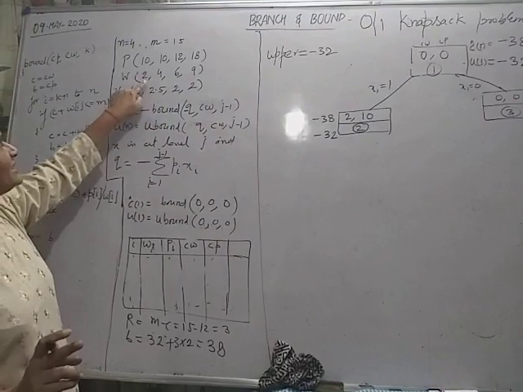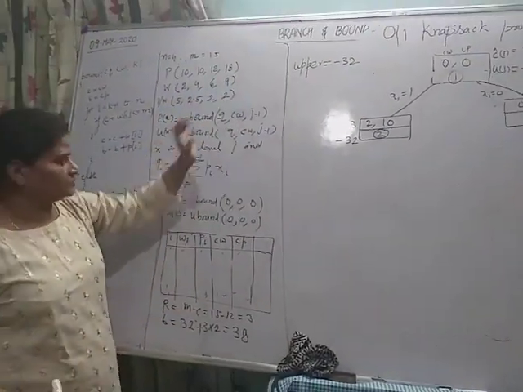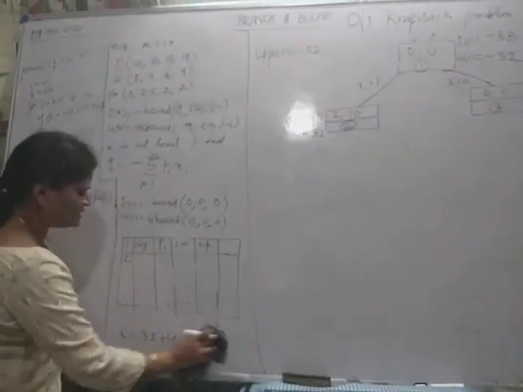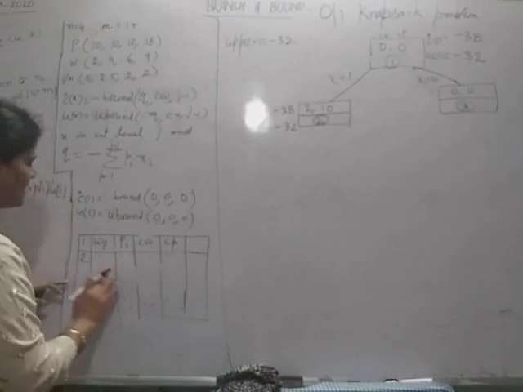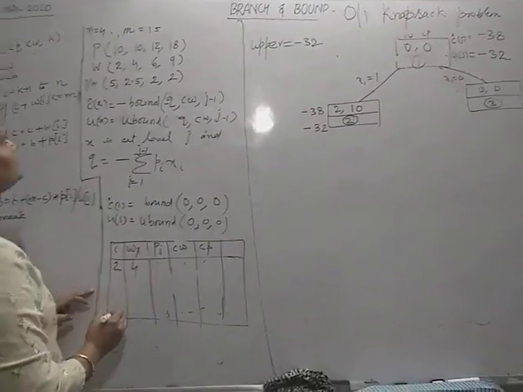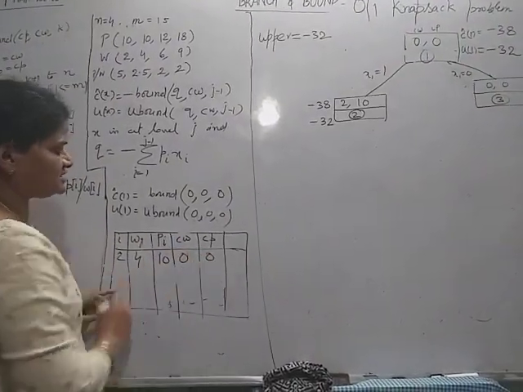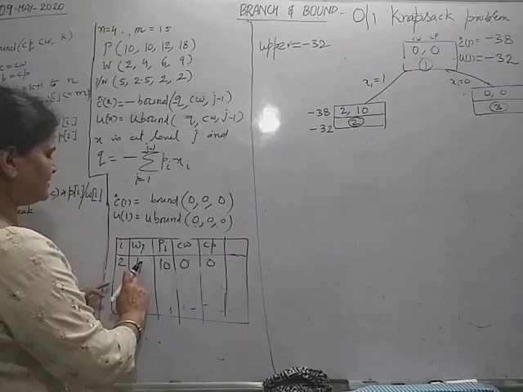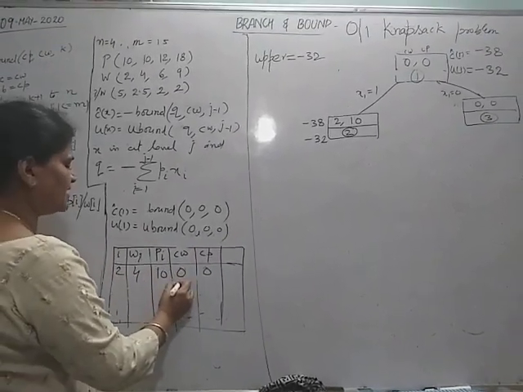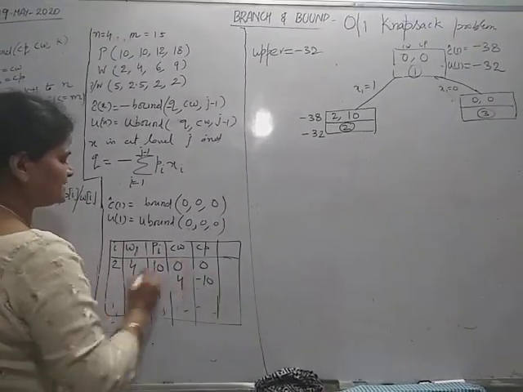The ith loop will run from 2 to n. So I is 2 and W2 is 4, P2 is 10, CW is 0, CP is 0. So 4 plus 0 is less than or equal to 15. So it can be added.